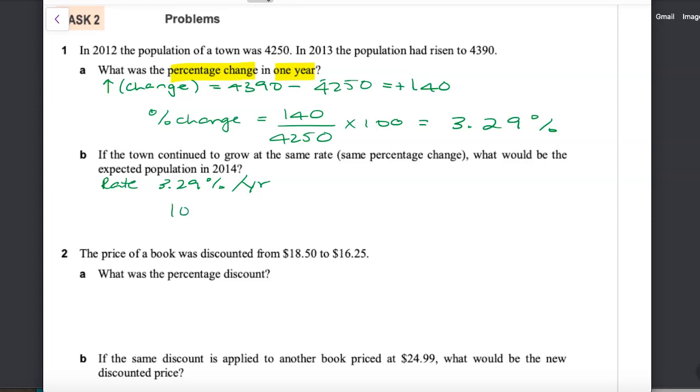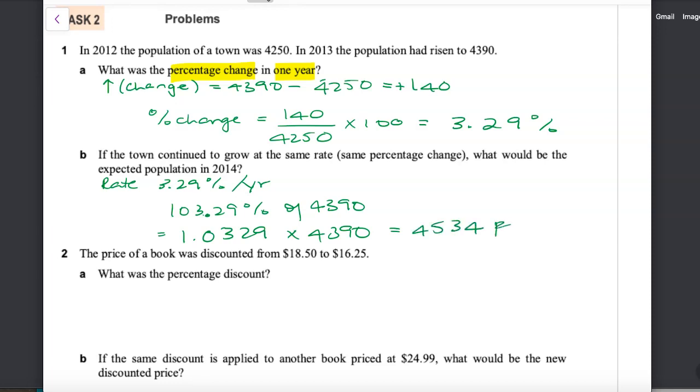So we want 103.29% of the 4,390. Well, changing that percentage to a decimal is going to be 1.0329, lots of 4,390. And that's going to give us 4,534 people predicted for 2014.